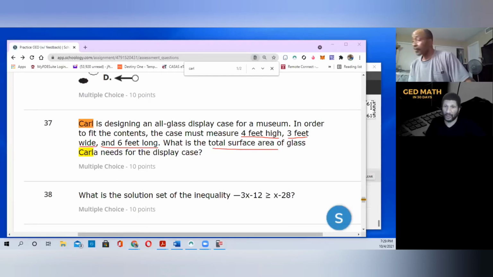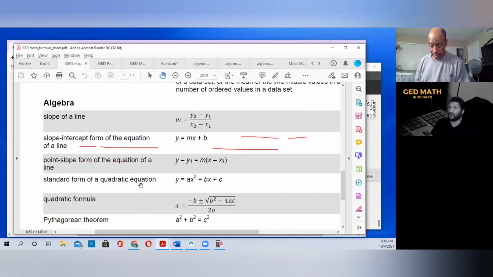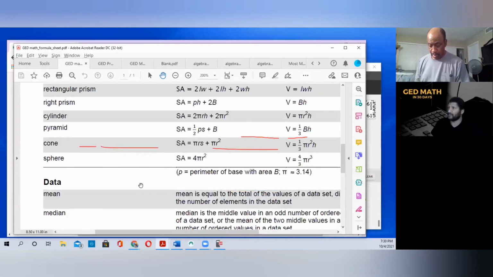So what you're going to do is, again, use your formula in your calculator. So you can go to your formula sheet. Let me find it real quick. Where's my formula sheet? Did I erase it? There we go, right there. You're looking for the surface area of a rectangular prism.